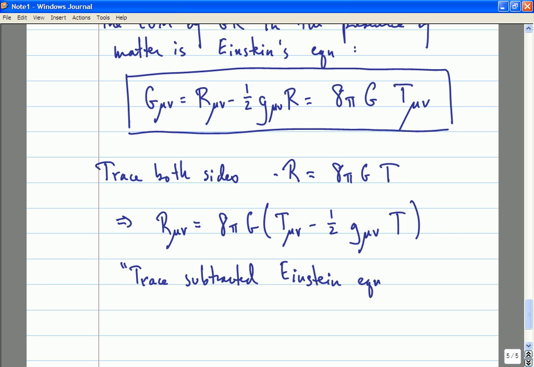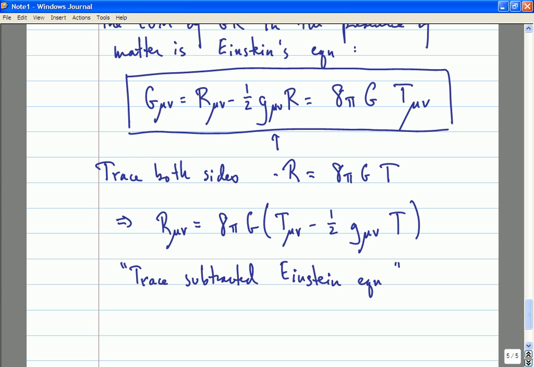This is equally correct as the original Einstein equation. Sometimes it's useful because that way you don't have to subtract off explicitly this correction term appearing in the Einstein tensor.